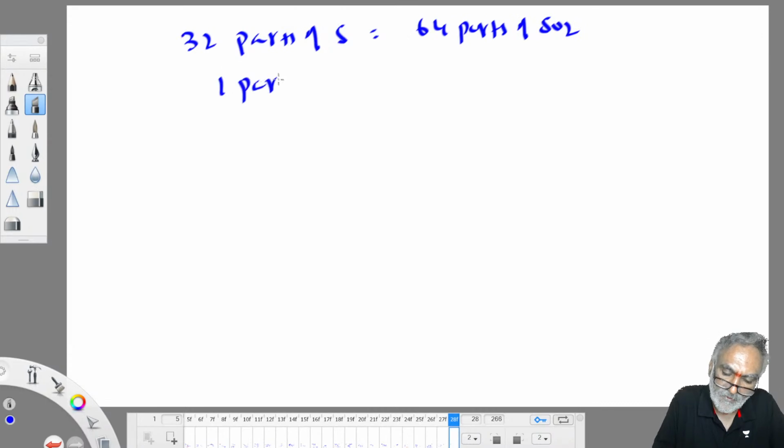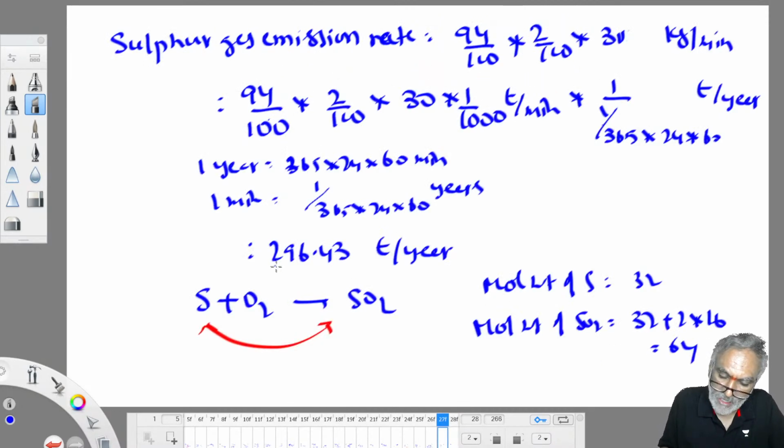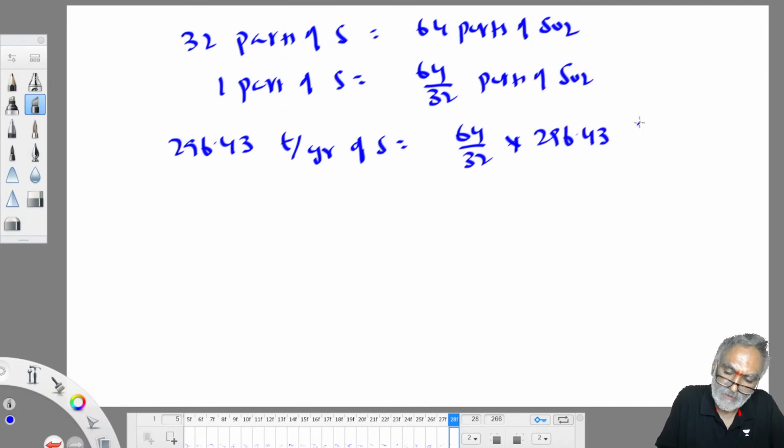Therefore, 1 part of sulfur is equal to 64 by 32 parts of sulfur dioxide. Then how much sulfur is produced? 296.43. So 296.43 tons per year of sulfur is equal to how many tons per year of sulfur dioxide?